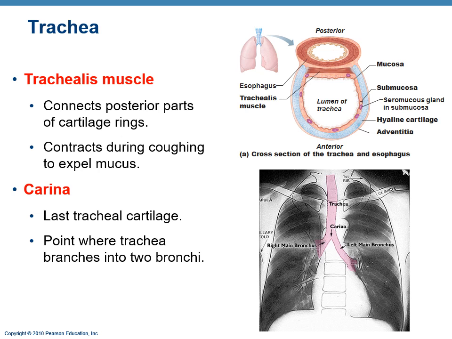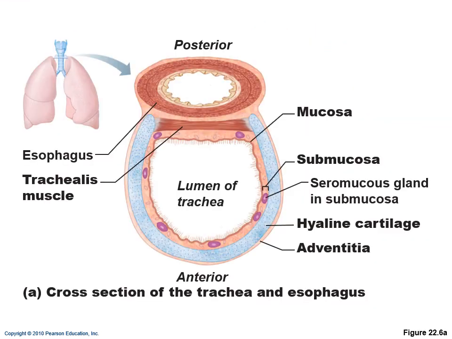So you have the trachea anteriorly here and the trachealis muscle posteriorly behind it. The carina is the last tracheal cartilage and the point at which the trachea branches into the 2 main bronchi, the left and the right main bronchi.